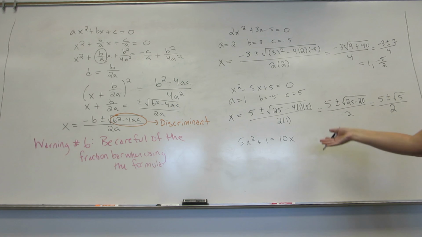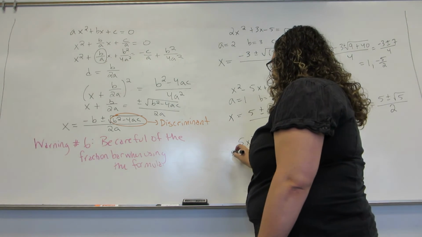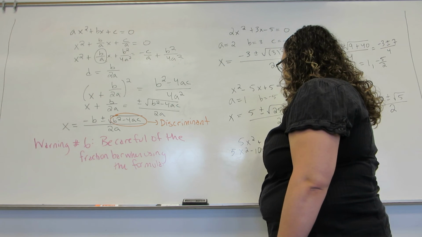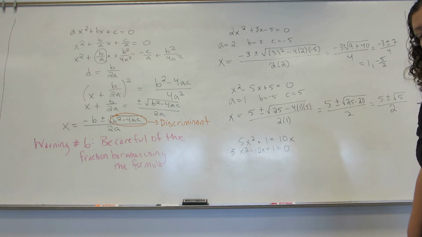All right, do you remember what I said we had to do before we use the quadratic formula? We have to get a 0 on one side. So before I can do this problem, I have to subtract the 10x over, so I get that equal to 0.